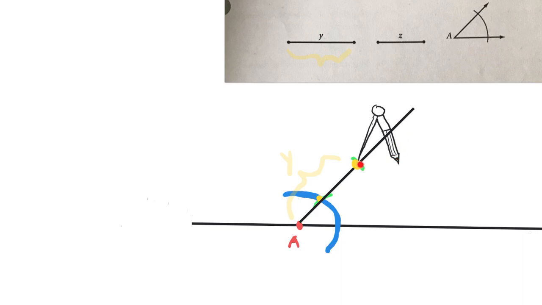The sharp part is at the end point of segment Y here, right? And we're going to draw an arc that goes like that, and that would look something like this, right? That.